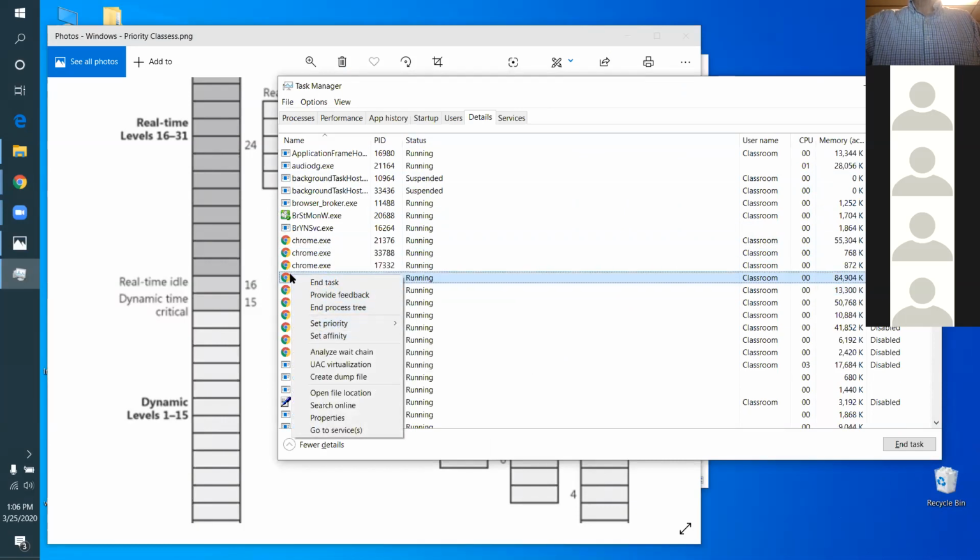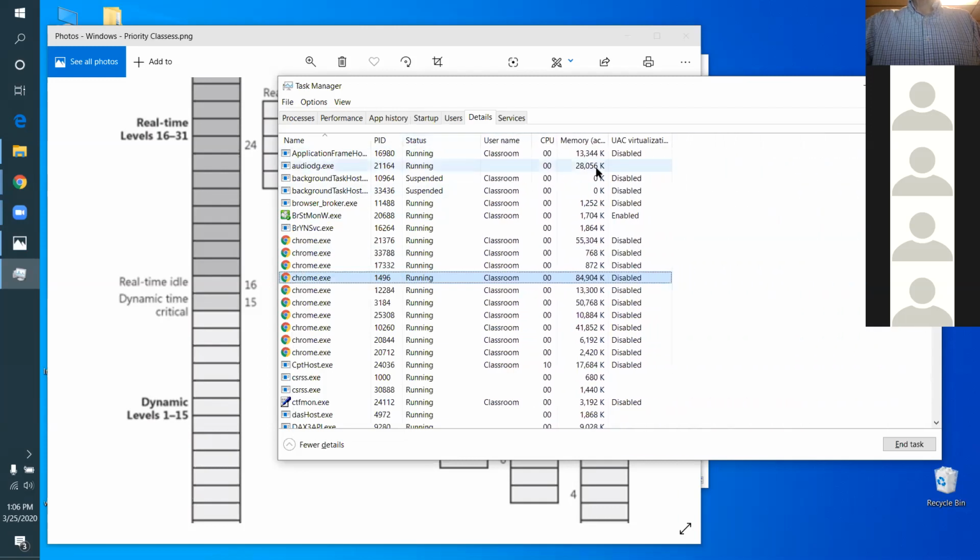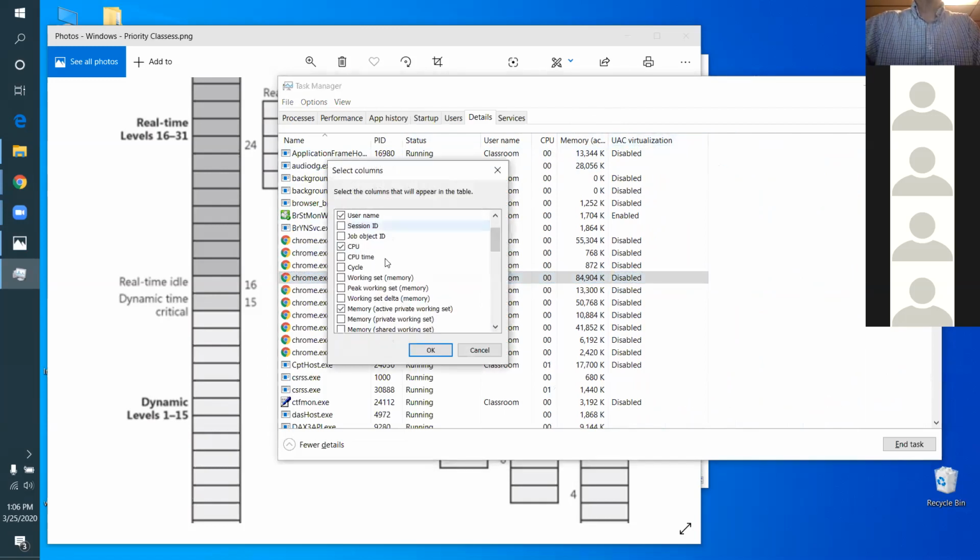There's the one that's above normal. Go look at its command line. If you select columns, I can just turn on the priority column. So turn on the column that tells me the priorities, and also look at the command line.